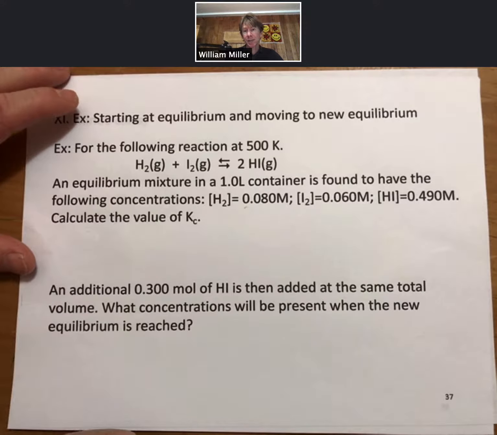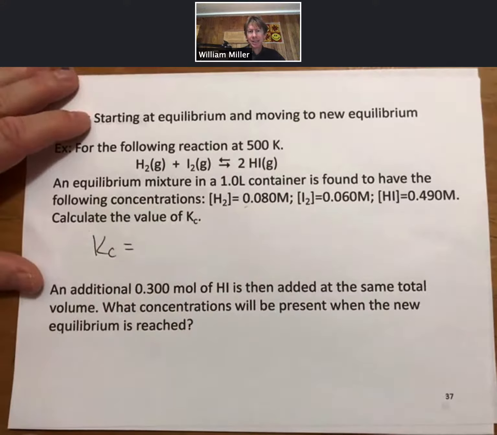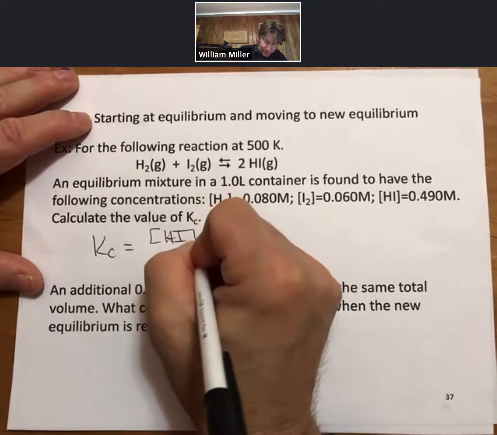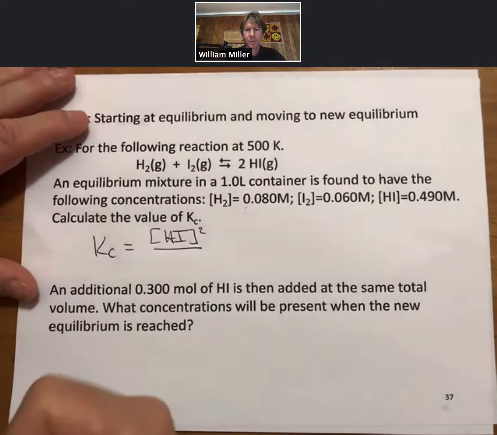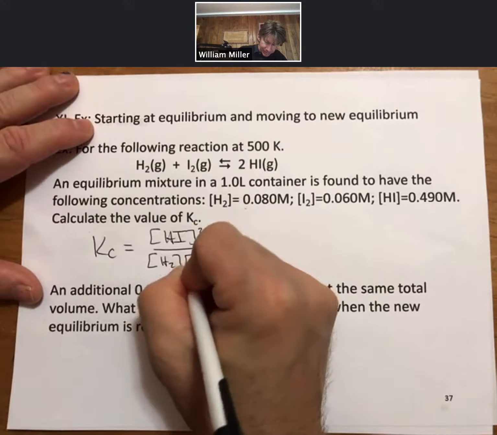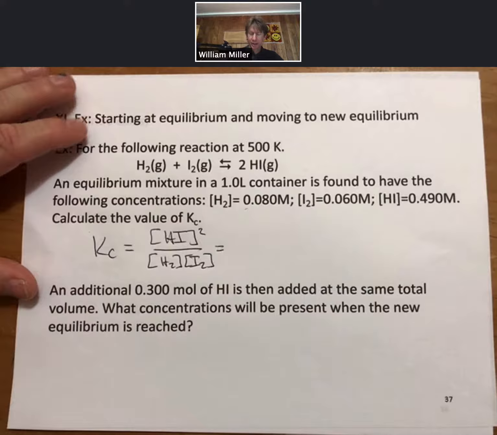So here we've been given all of the equilibrium concentrations. We know that Kc is products raised to coefficients over reactants raised to coefficients. And we've been given enough information.